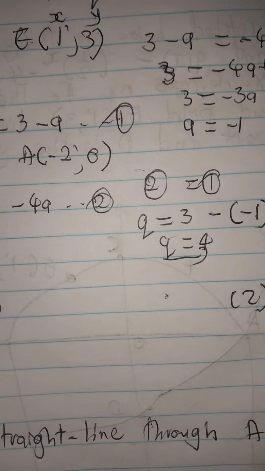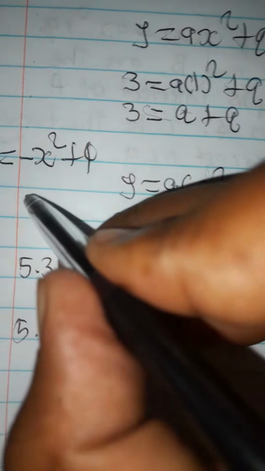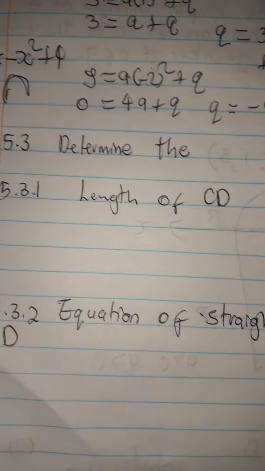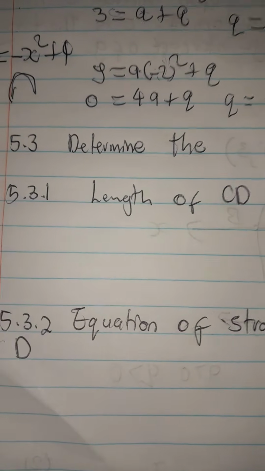We are done with that, guys. So the standard equation will be y equals negative x squared plus 4. So our graph will be like this, as we have seen in our graph.